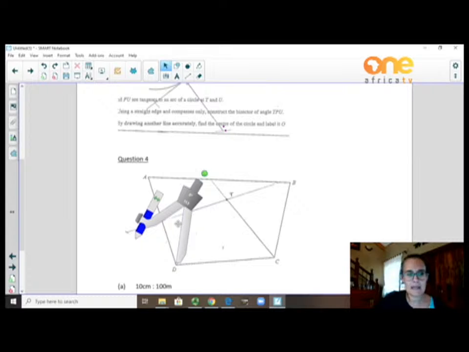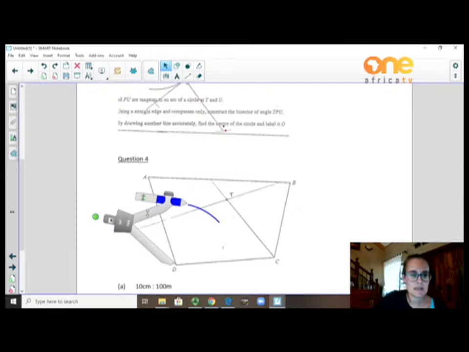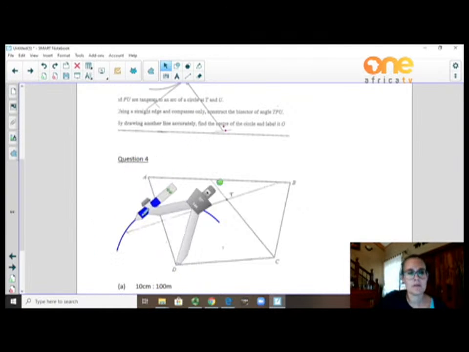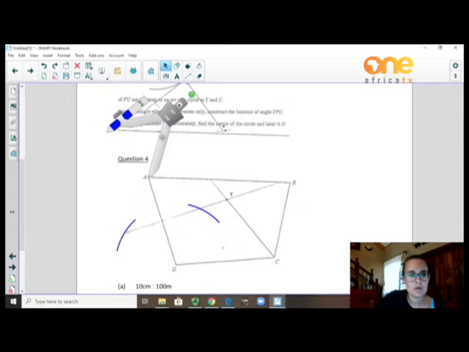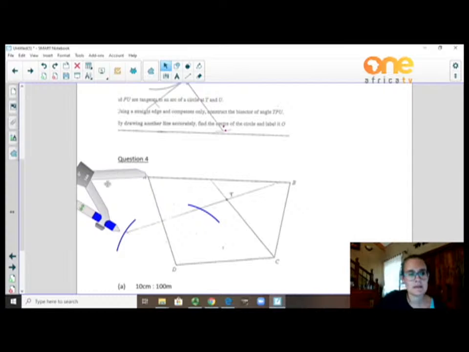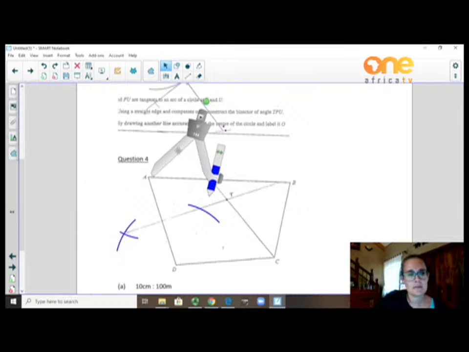So from point A, I will construct my lines on both sides, compass back, D, constructing my lines. Then the same I will do on A, with the same distance on my compass, constructing my lines, and just moving this a little bit back there, and I will construct that same line.